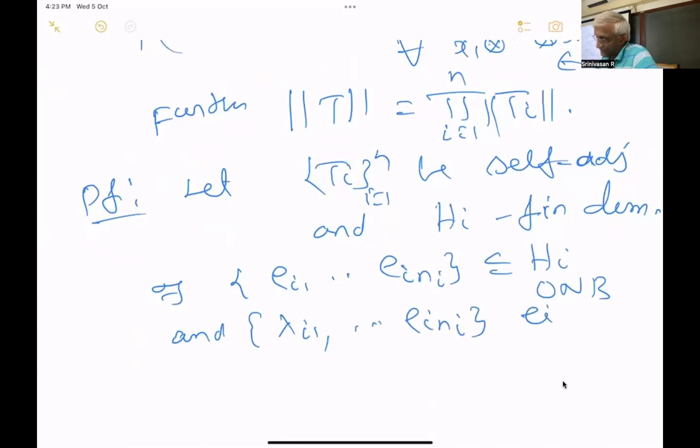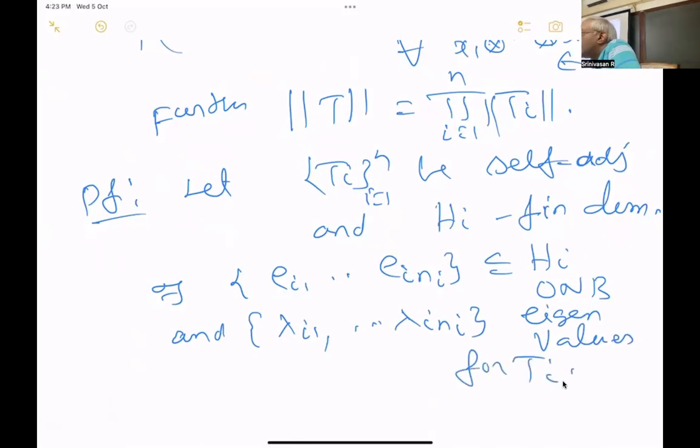Sorry, this is lambda, the eigenvalues for Ti. I'm taking e_i1 up to e_iNi because the dimension may vary. Because we are assuming finite dimension, there's an orthonormal basis which is also eigenvectors for those Ti's, and lambda_i1 up to lambda_iNi are the eigenvalues.